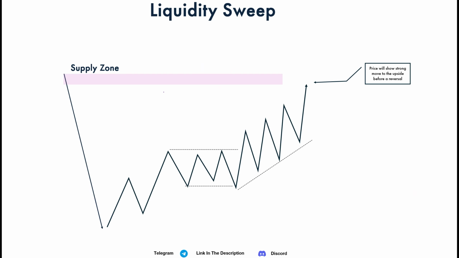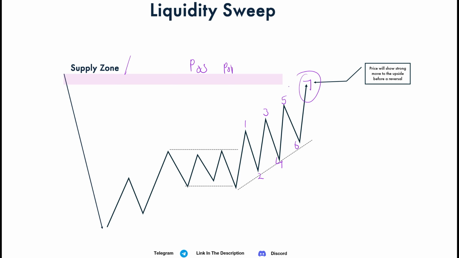Most of the time, you will see these patterns forming when price is about to touch the zone or maybe your point of interest. Point of interest, we have 1, 2, 3, 4, 5, 6, 7.